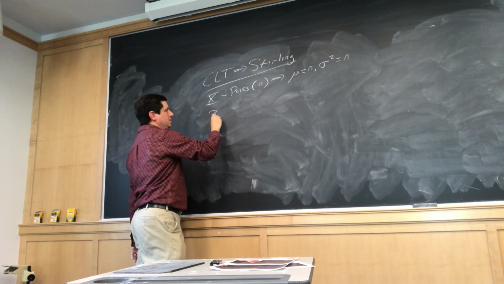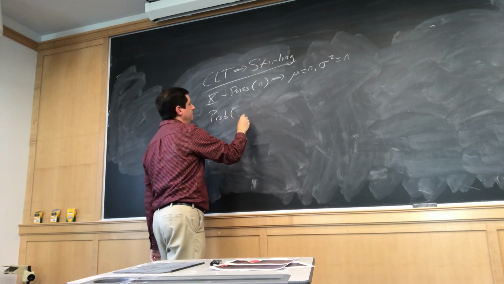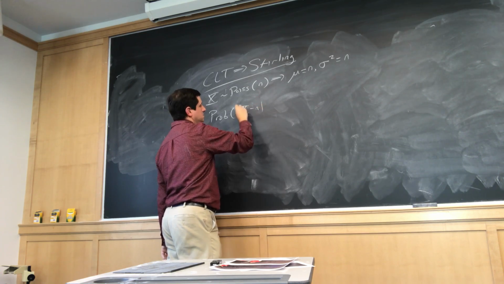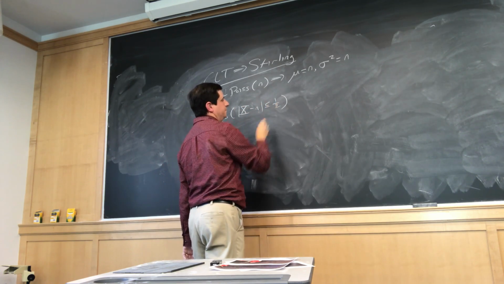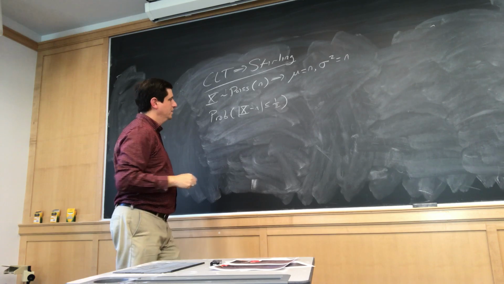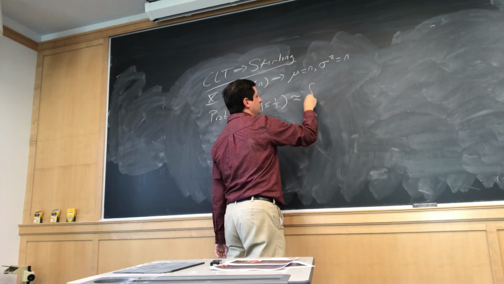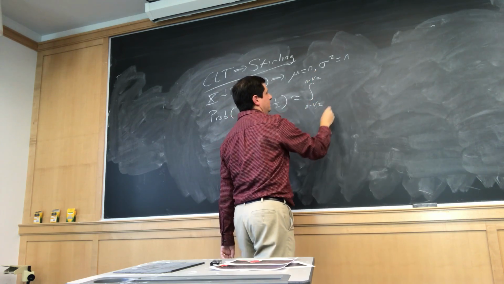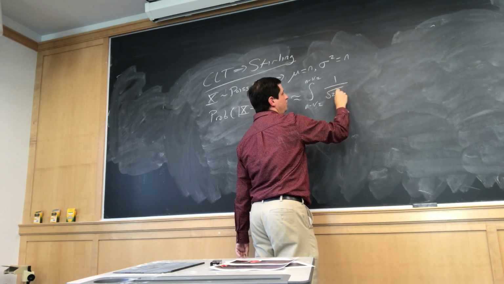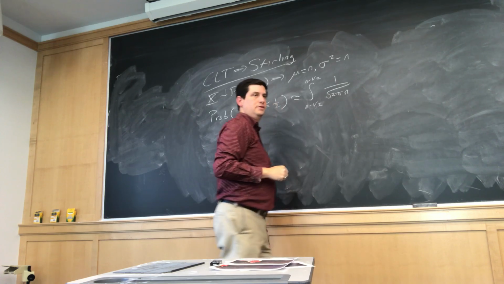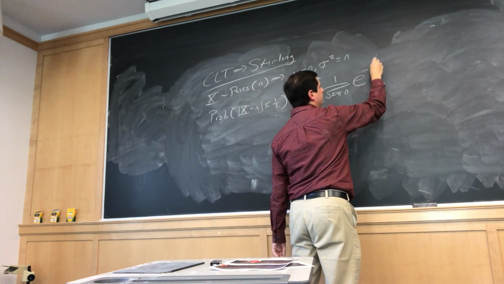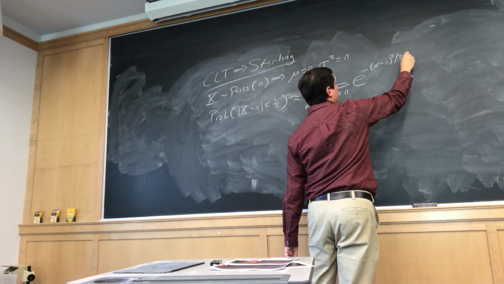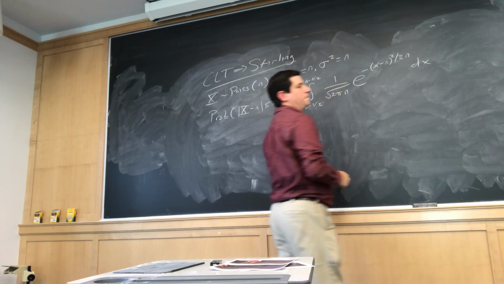So I claim, and this should all be in the book, the probability that |X minus n| is less than or equal to 1/2 is basically the integral from n minus 1/2 to n plus 1/2 of 1 over square root of 2 pi n, e to the negative (x minus mean) squared over 2 times the variance, dx.